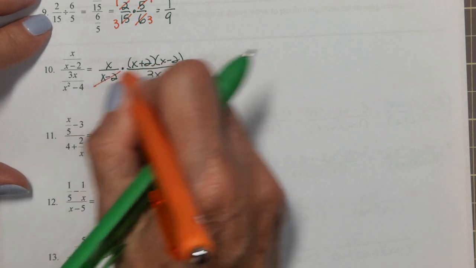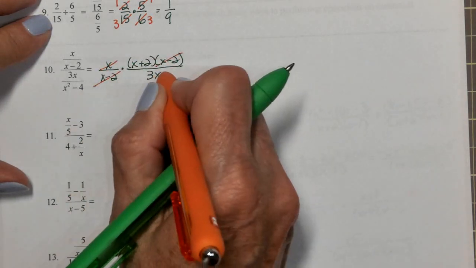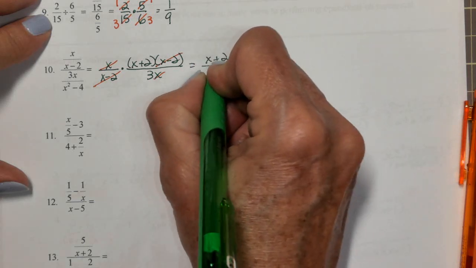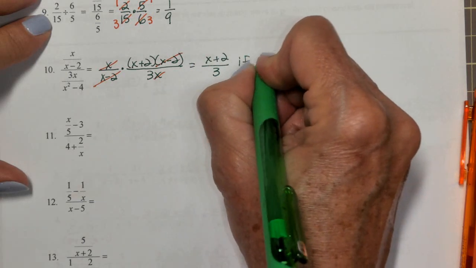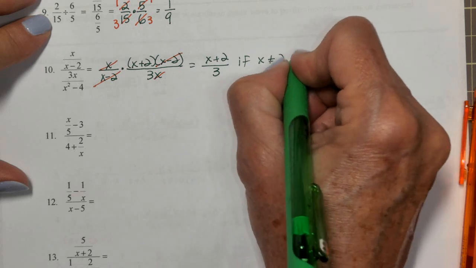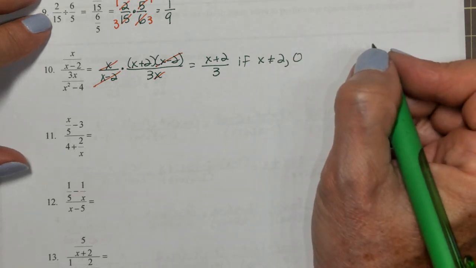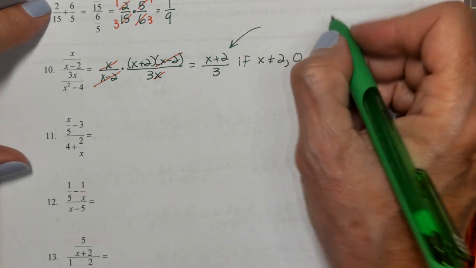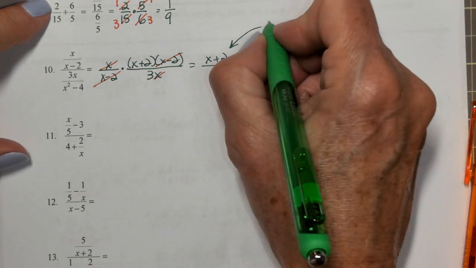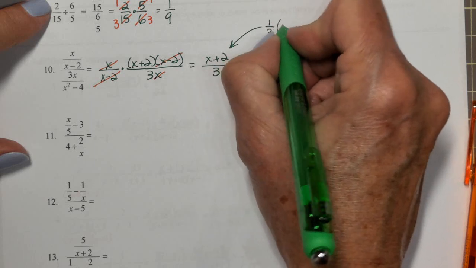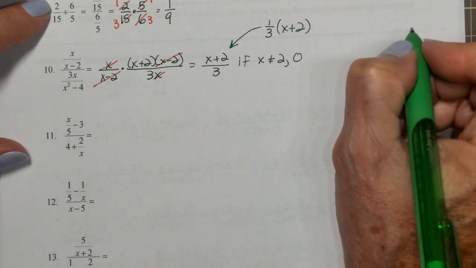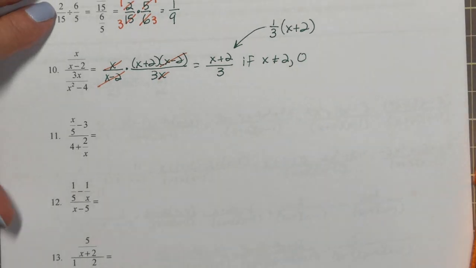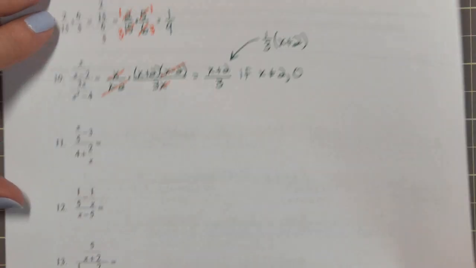So an x minus 2 will reduce out, and an x will reduce out. And we will be left with x plus 2 divided by 3 if x is not 2 or 0. Okay? Another way to write this that you might see as a multiple choice answer is 1/3 of x plus 2. They mean the same thing. So either way.